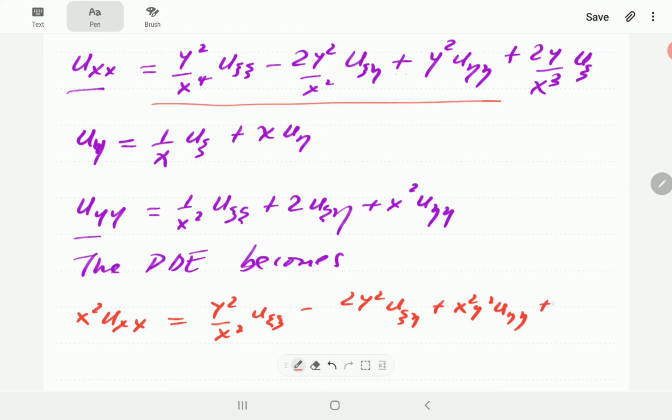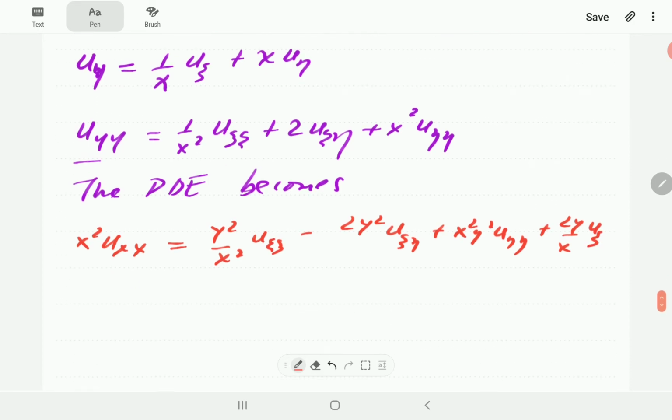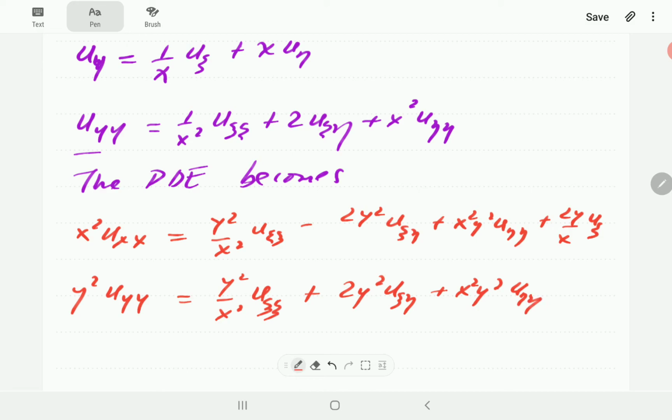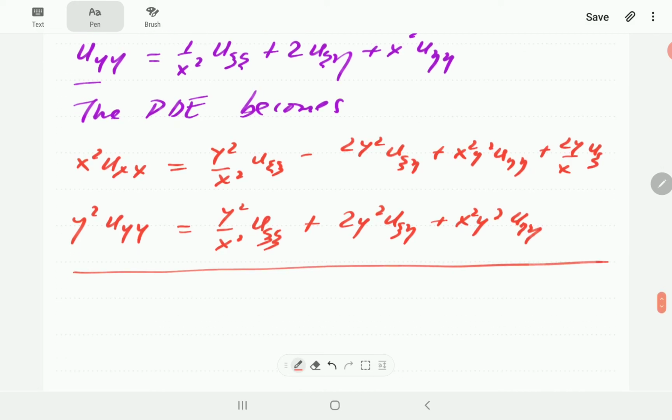Then the last term is going to be 2y over x u xi. Then we multiply the uyy by y squared, so we're going to have y squared over x squared u xi xi plus 2y squared u xi eta plus x squared y squared u eta eta, and then we subtract.